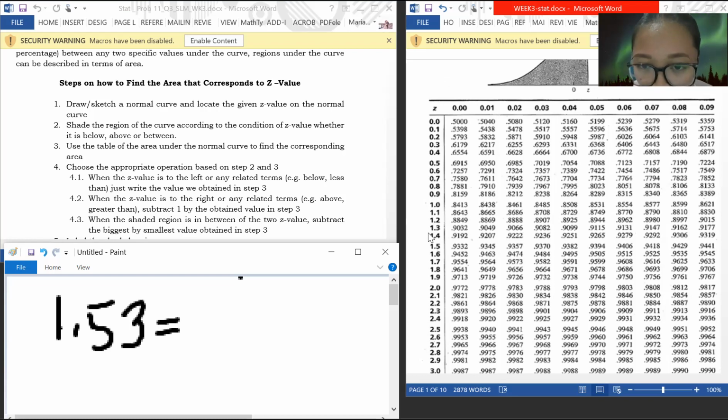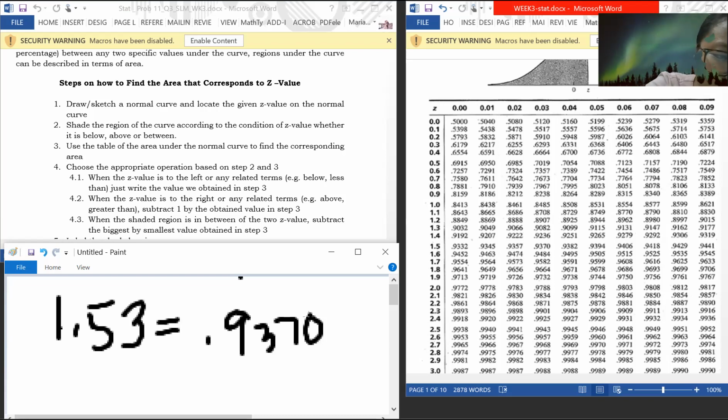So 1.5, then the 3 is found at the top. 1.5 plus 0.3 is 1.53. So the equivalent area is 0.937 (0.9370). That is how the table is read.